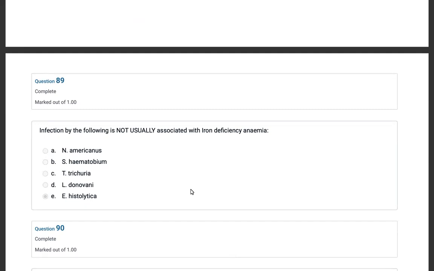All right, question 89. So, infection by which of the following is not usually associated with iron deficiency anemia. So normally what is written within the notes is that iron deficiency anemia occurs in a case where you're having a chronic bleeding.